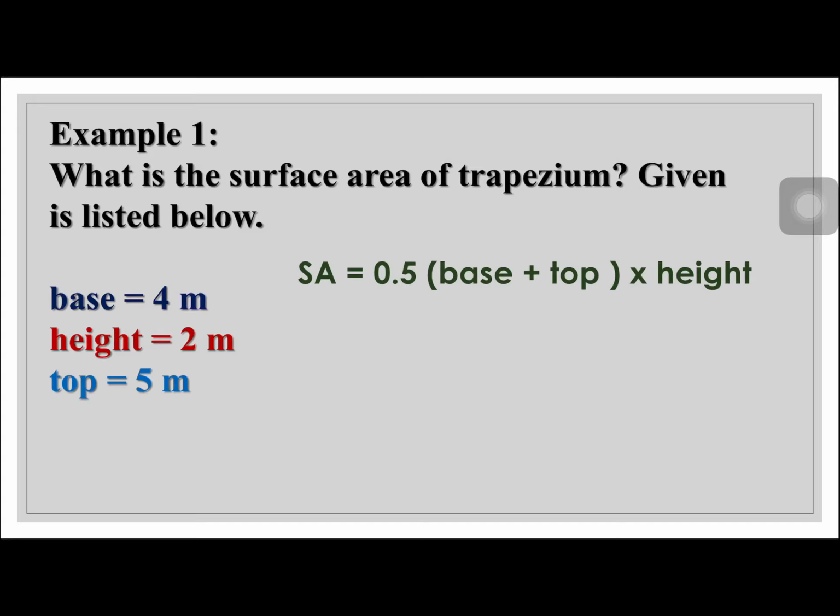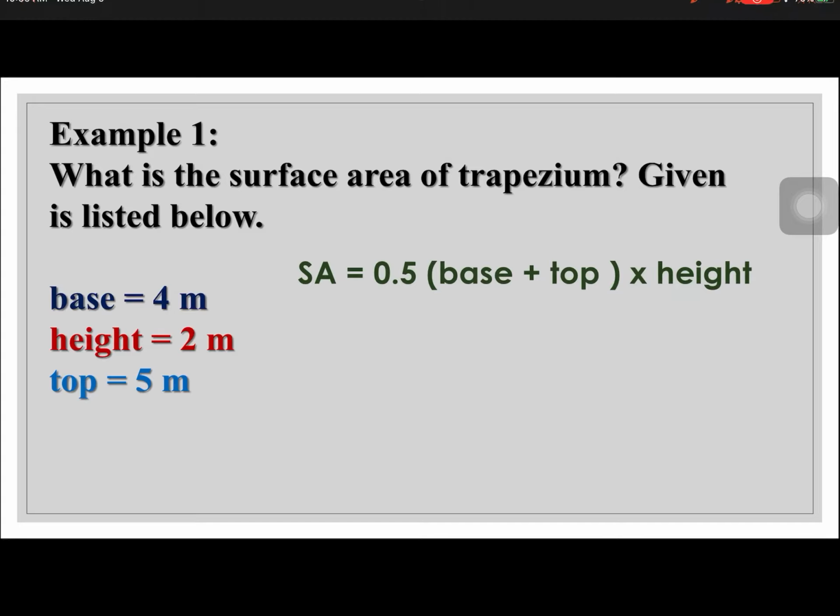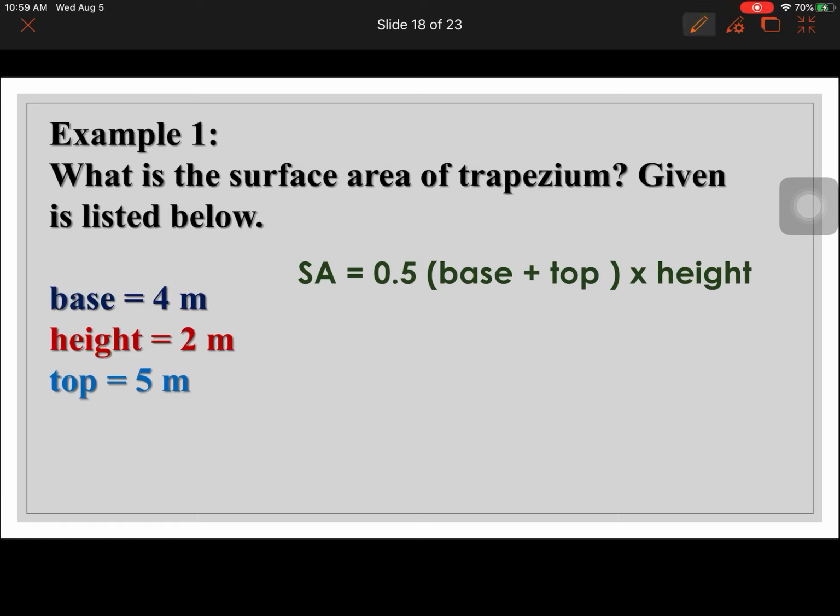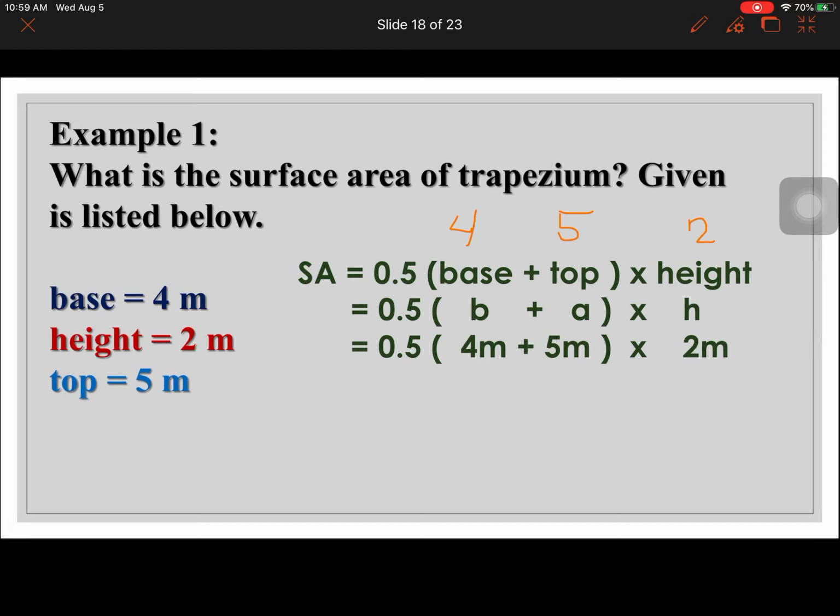So, the value of the base is here 4. Ang value ng height natin is 2. Ang value ng top natin is 5. So, substitute natin sa formula. 0.5 times open parenthesis 4 meters plus 5 meters close parenthesis times 2 meters.